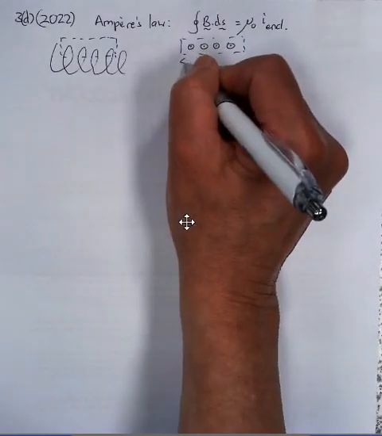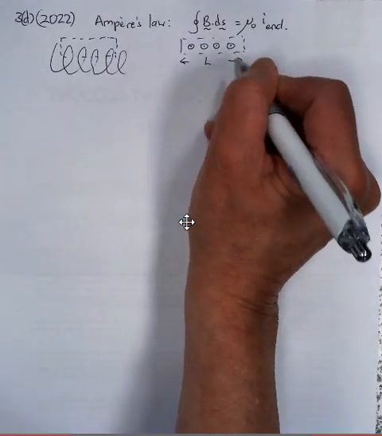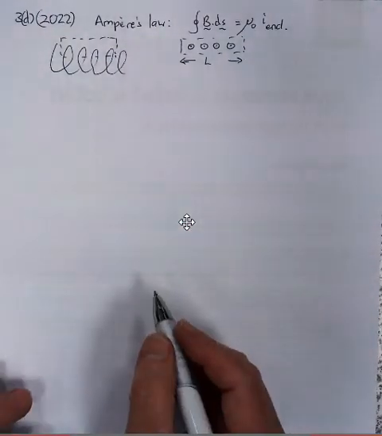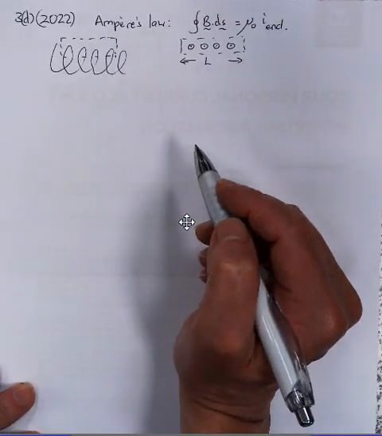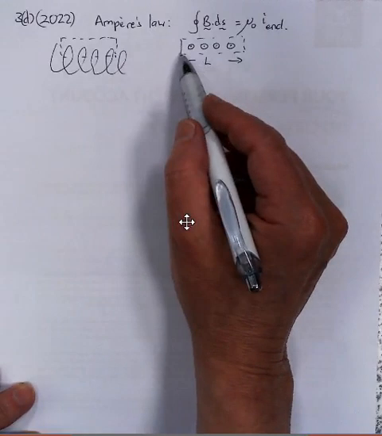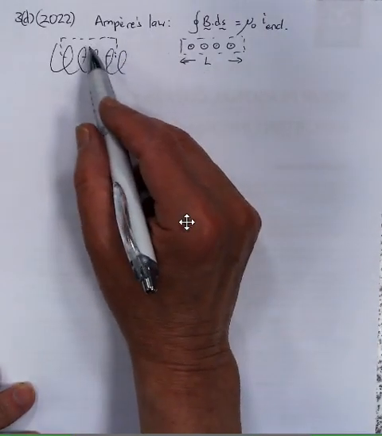Okay. So we're going to say that the rectangle is L long, and there is no magnetic field outside the solenoid.